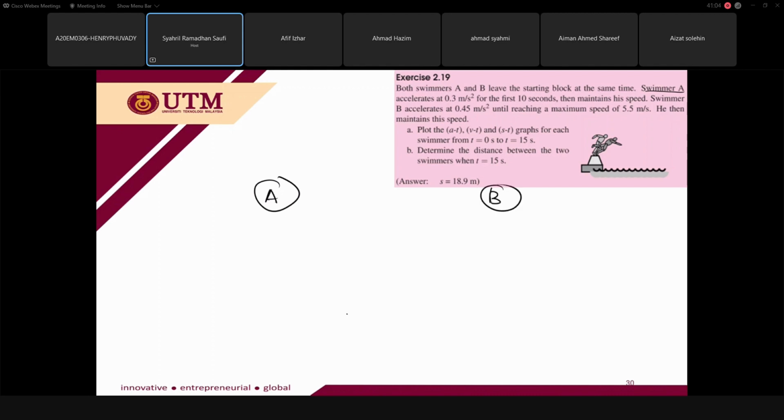In the question it's mentioned that swimmer A accelerates at 0.3 meter per second squared. So I will do the acceleration against T graph first, with the information given. Acceleration in meter per second squared and time in seconds.